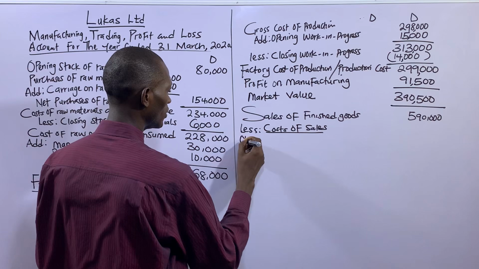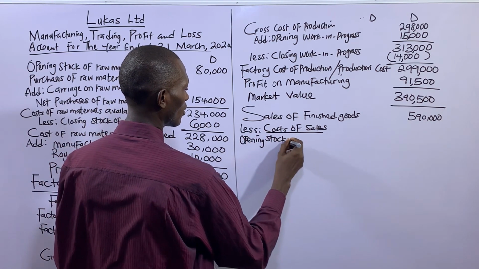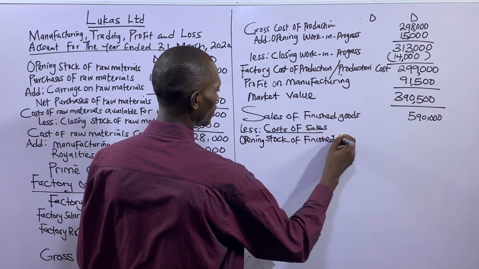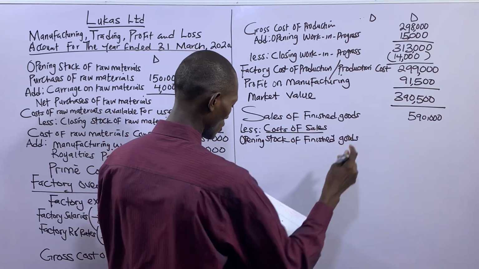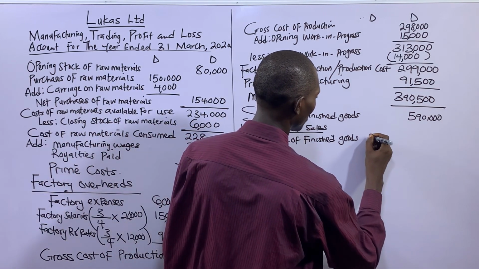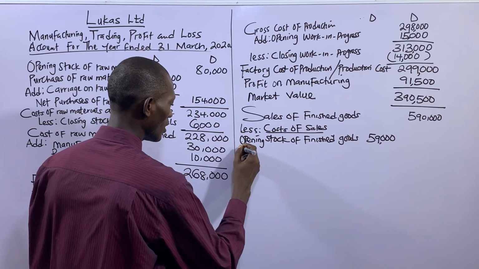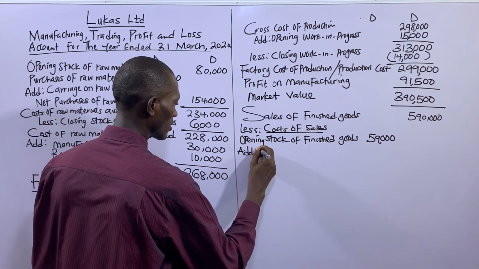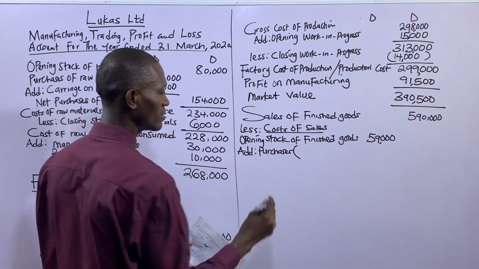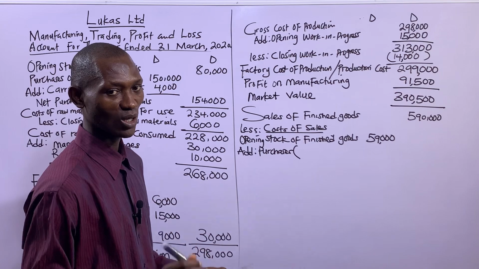Then we have opening stock of finished goods. That's given at the beginning of the question. That's 59,000. Then we add purchases. Now don't forget, I did say that the purchases figure will not always be given.